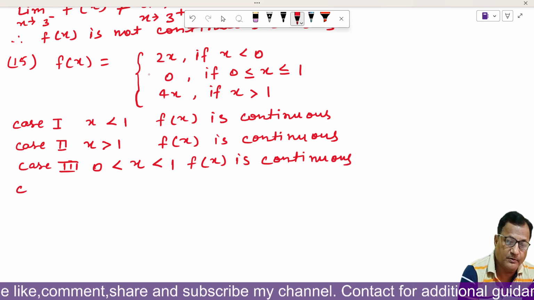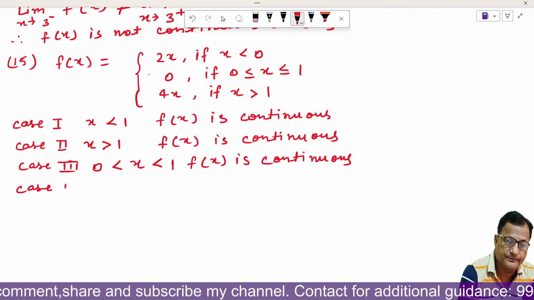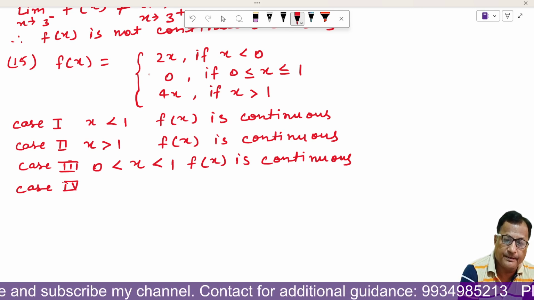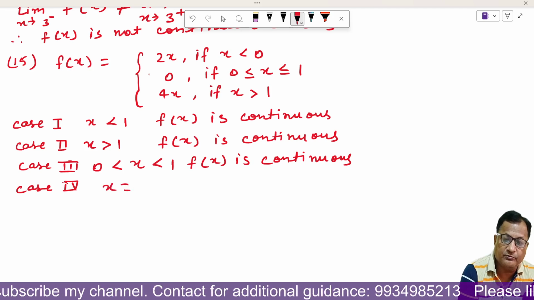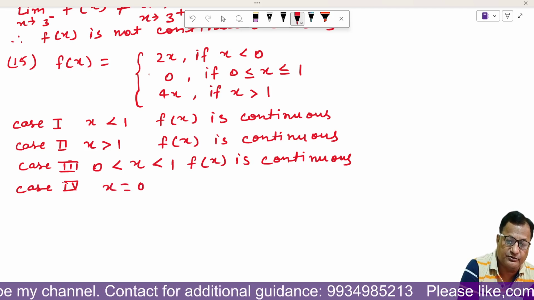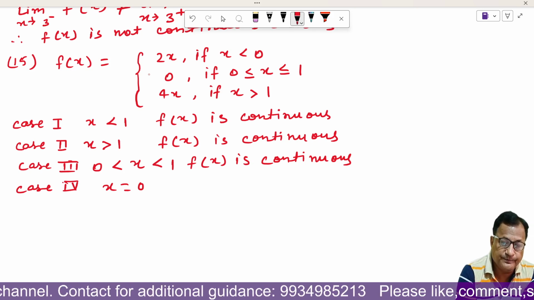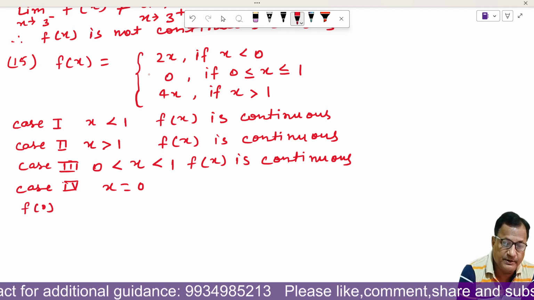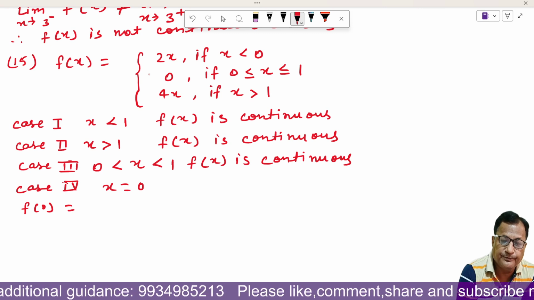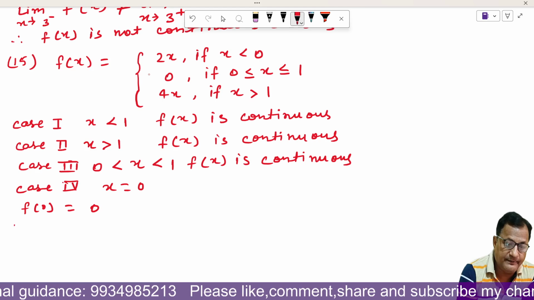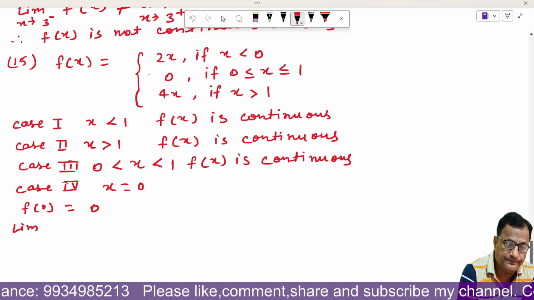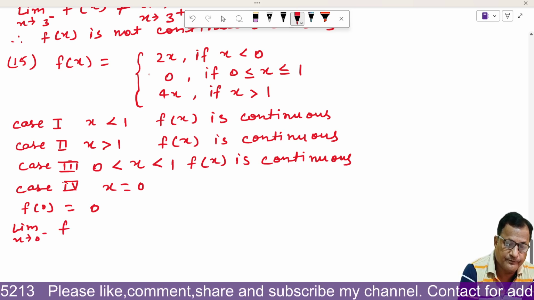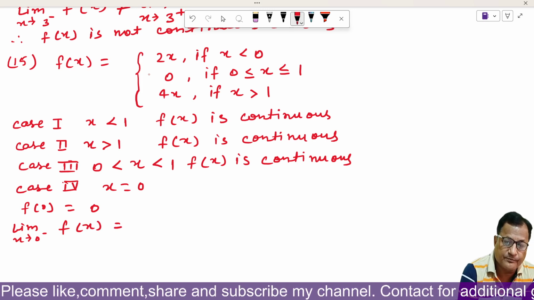Case 4. x is equal to 0. So we will have to check the continuity at x is equal to 0. So f(0) will be 0 and left hand limit, less than 0.